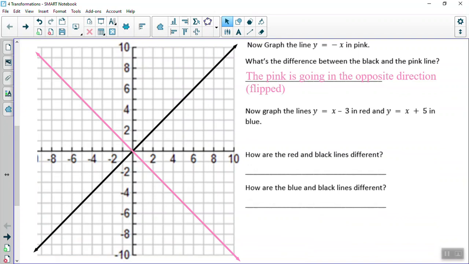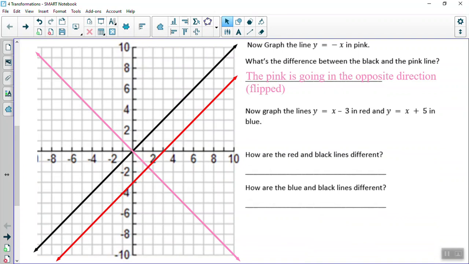Alright, now let's graph the lines y equals x minus 3 in red and y equals x plus 5 in blue. I'm going to start with x minus 3. It has a slope of 1, and this time I'm adding in a y-intercept of negative 3. So to graph this one, I'm going to go down to negative 3, and now to graph my slope of 1, I'm going to go up 1, over 1. Up 1 over 1.